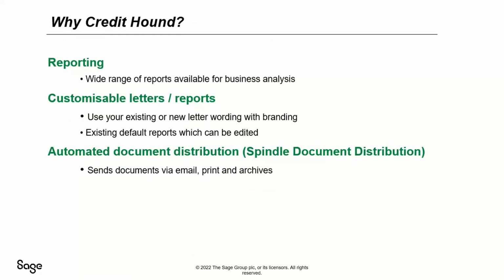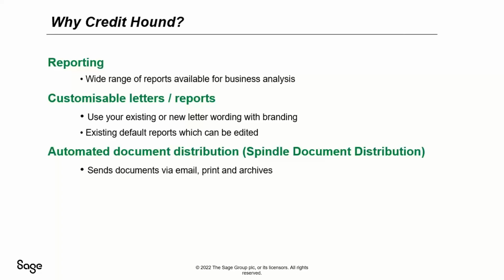Now, with all this really valuable information being put into Credit Hound on a daily basis, it only makes sense that we can then extract that and pull really comprehensive reports to enable you to then make informed decisions and really streamline your business.